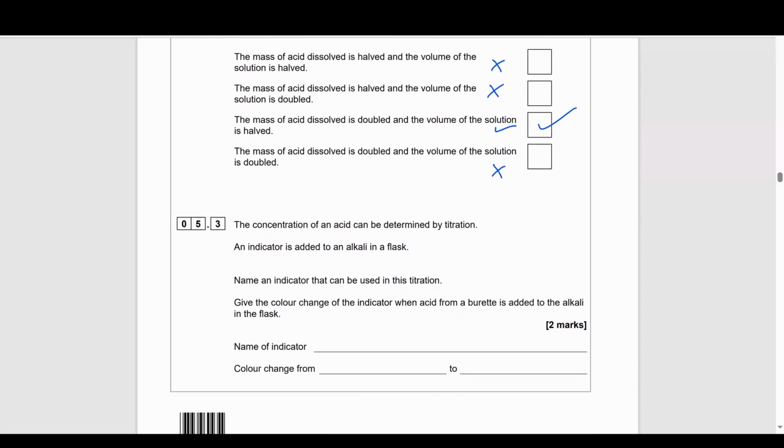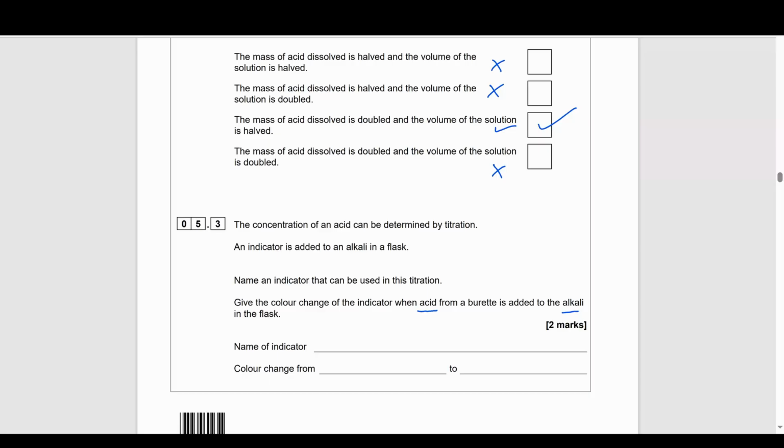5.3. The concentration of an acid can be determined by titration. An indicator is added to an alkali in a flask. Name an indicator that can be used in this titration. Give the color change of the indicator when acid from a burette is added to the alkali in the flask. Well, titration is all about neutralization.